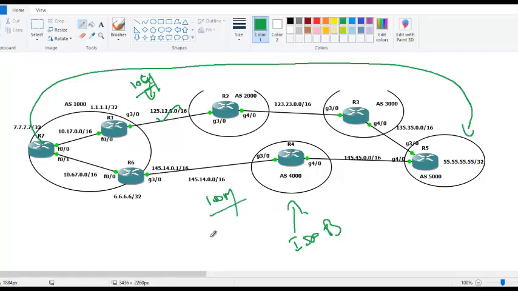Currently, all the traffic is willing to go this way. I showed you in the routing table, they are trying to go this way. But you want this path to be a backup path only. You want the path to be via the 10 gig link. So what you can do is, you can set local preference.